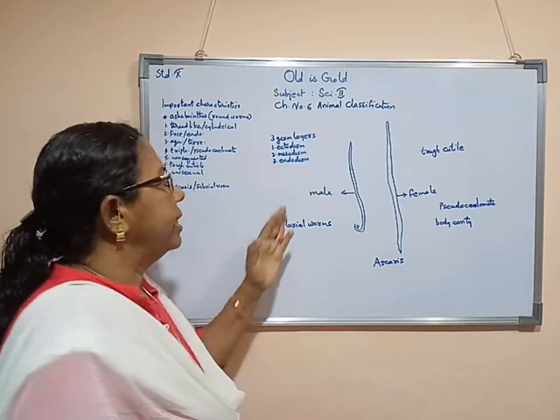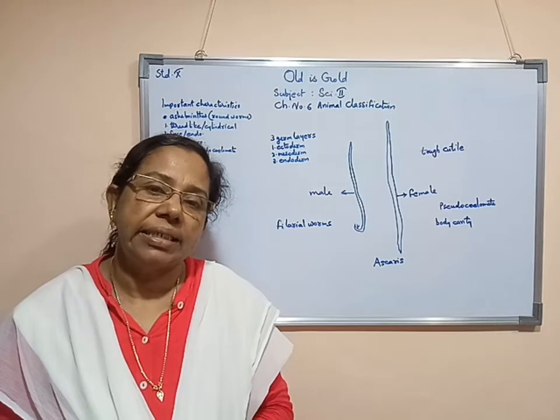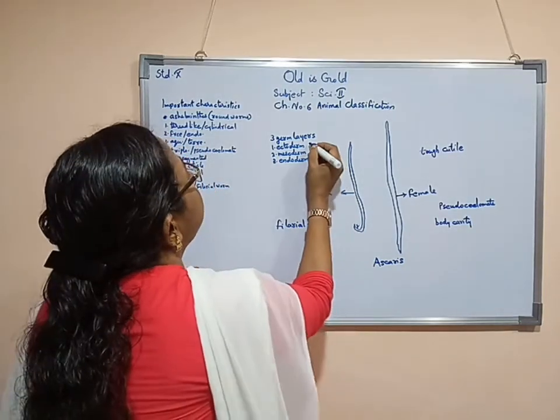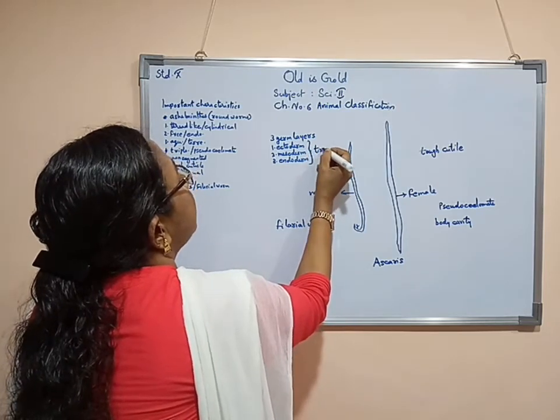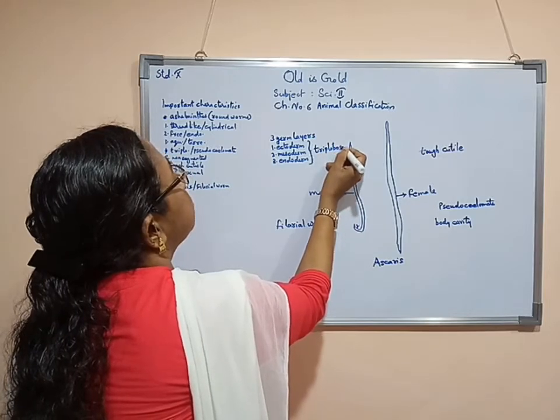So we can say that their body wall consists of 3 layers. So we are calling them triploblastic. Because of the presence of 3 layers, we are calling ashelminthes triploblastic.